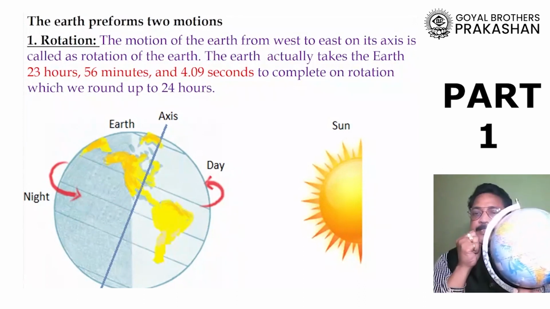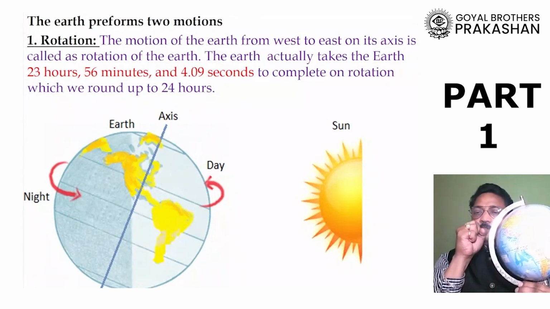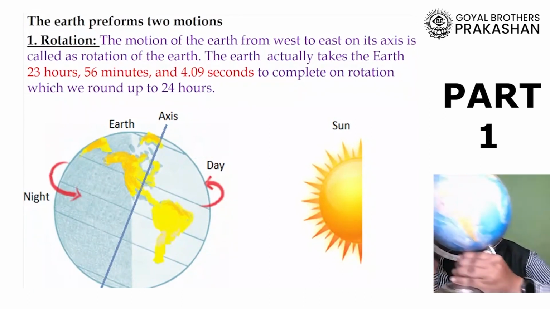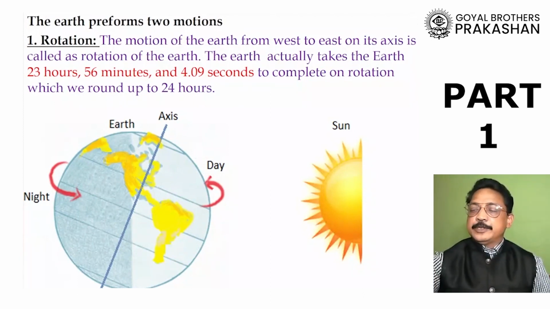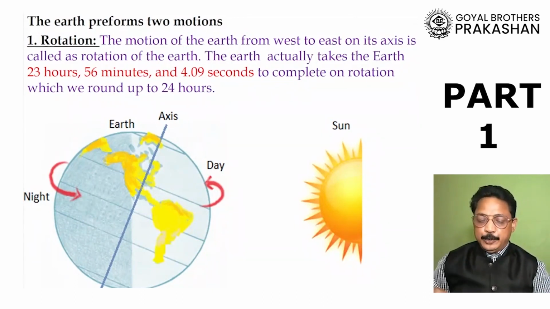Now suppose, as I said, this hand represents the sun. So the earth is moving around the sun at the same time. This motion of the earth is called revolution. So for rotation of the earth, dear students, we need almost 24 hours, which I already told you.